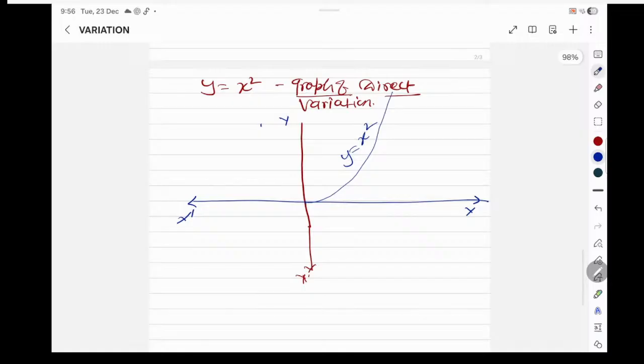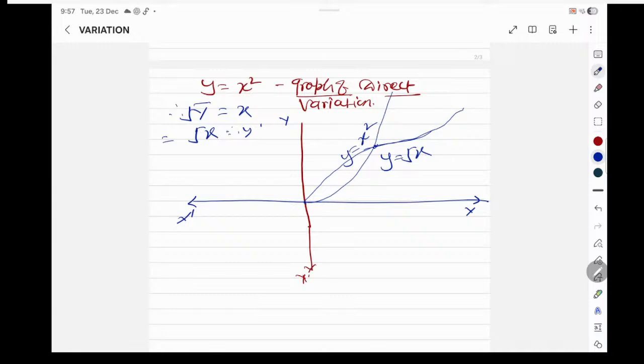Now, what is the value of y when you put it in terms of x? So root over x is equal to y, then the graph also moves like this. So here y is equal to root over x, and here is the point where they intersect.